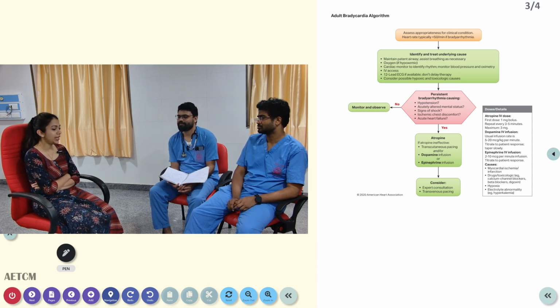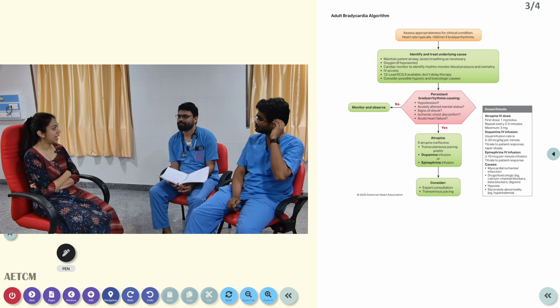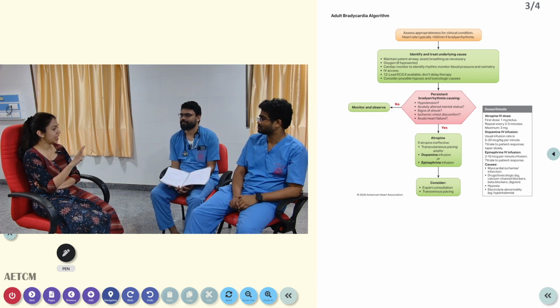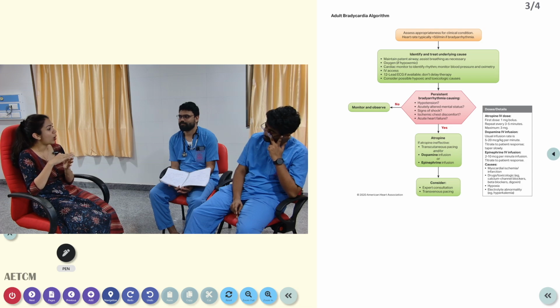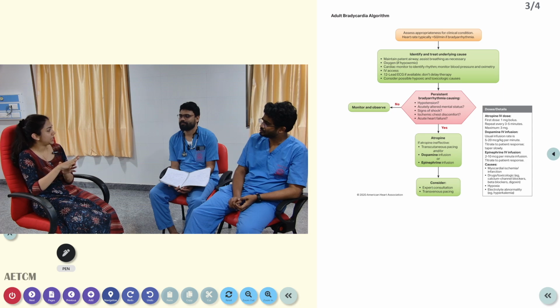But according to UK guidelines, if the patient had a recent asystole, or Mobitz type 2 block, or a complete heart block with a bundle branch block, or a ventricular pause of more than 3 seconds, this should be considered unstable and you can try atropine.